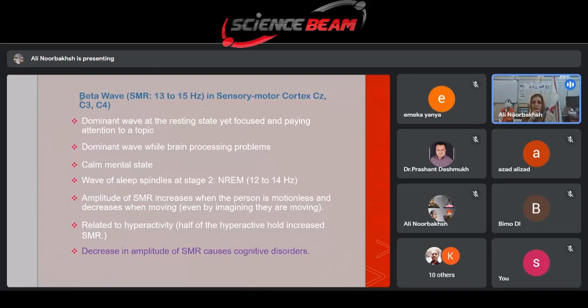The amplitude of SMR increase is important again. The amplitude of SMR increases when the person is calm and decreases when moving. Related to hyperactivity, how do we handle hyperactivity?